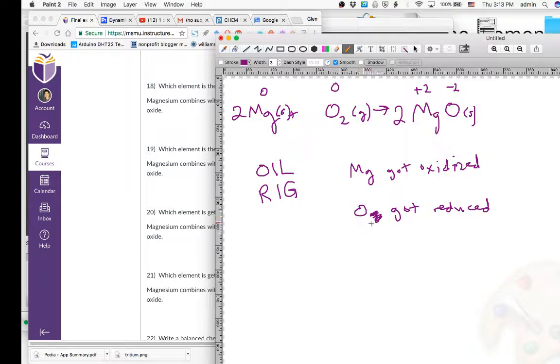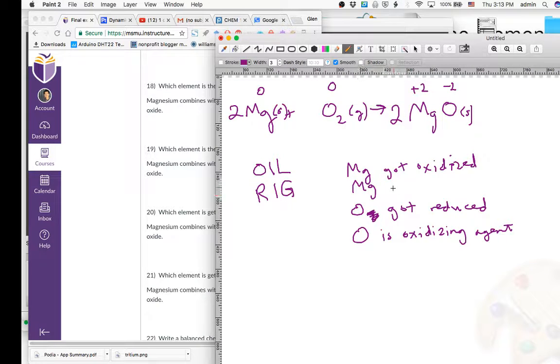Whether you write the atom or whether you put the 2 or not, both are going to be right, but you just have to identify which element got reduced. So if O got reduced, then O is the oxidizing agent, because the oxidizing agent gets reduced. And if Mg got oxidized, then Mg is the reducing agent.